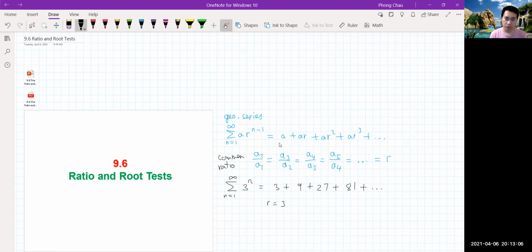However, for most series, of course, the ratio is not the same. We're going to extend this idea to a whole bunch of series where the ratios are not the same, but they are close.